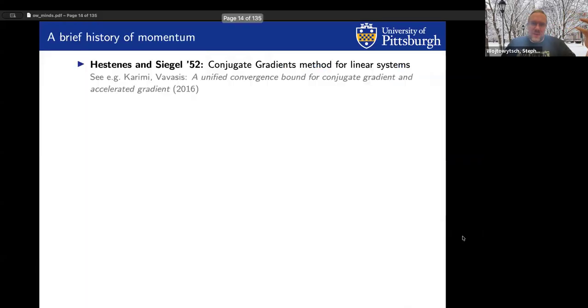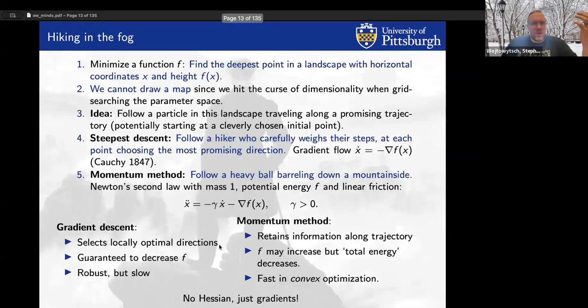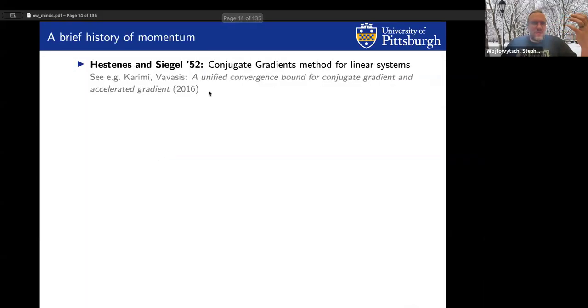Nothing like Newton's method. Now, recall, gradient descent is around 1850. Momentum methods are much, much younger. The probably first momentum method, if you want to think about it like that, is the conjugate gradients method of Hestenes and Stiefel in 1952, so roughly a century later, and it only works for minimizing quadratics or solving linear systems.